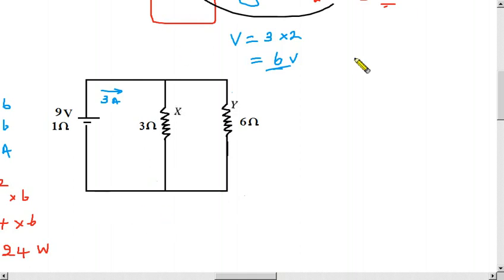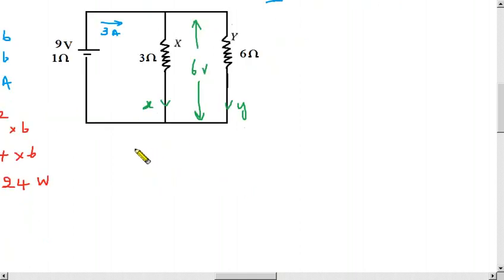So we write the voltage that we have found, which is common for both resistors. Say the current is X, suppose the current is Y. V equals I R, 2 ampere. V equals I R, 1 ampere.